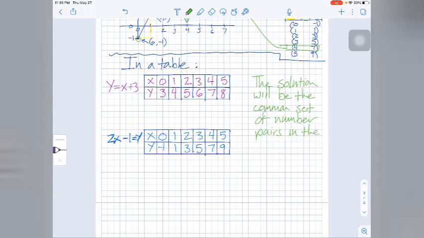So in this case, it's going to be the 4 and the 7. That's obviously the one spot. Like we've already talked about it being our answer. These match.